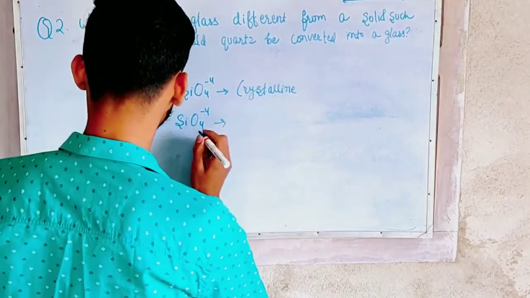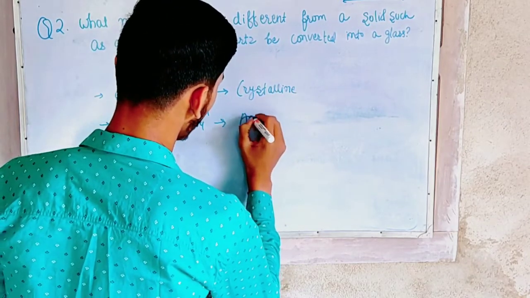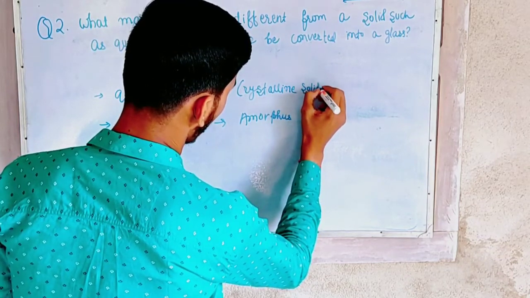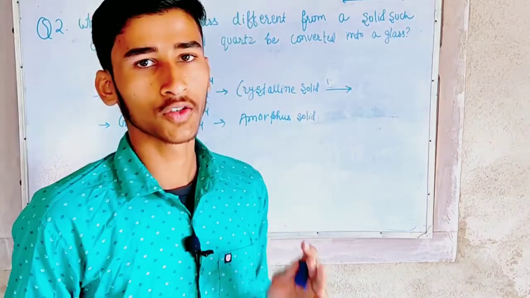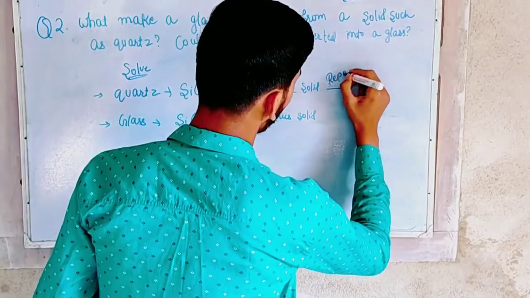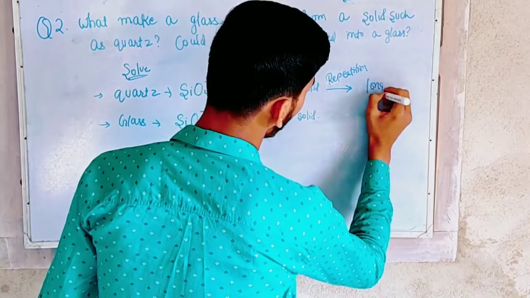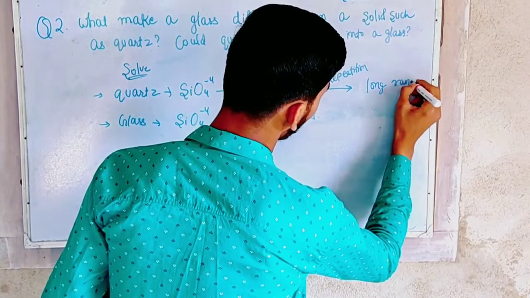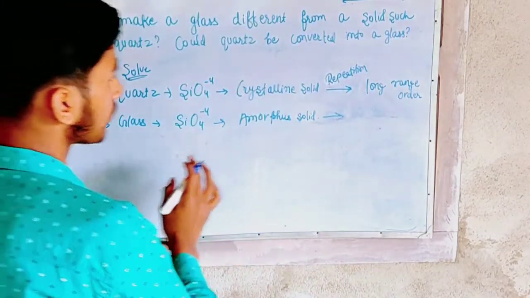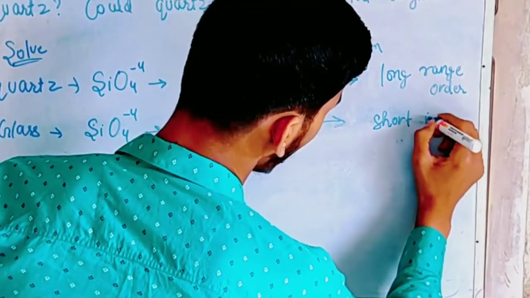Glass is amorphous. We all know the repetition of quartz is long range order, but in glass the repetition is short range order.